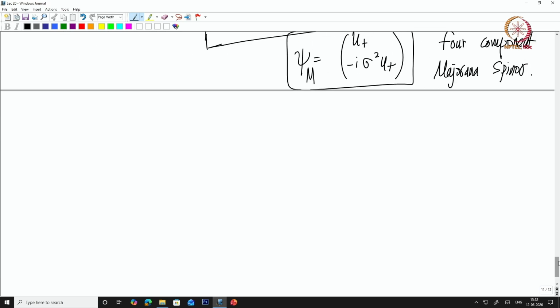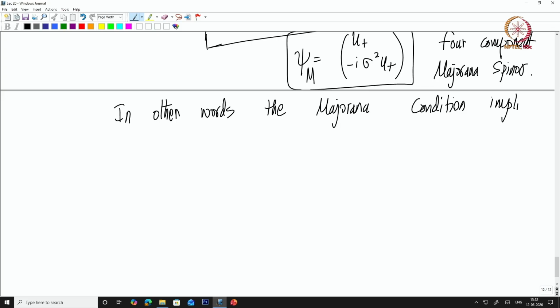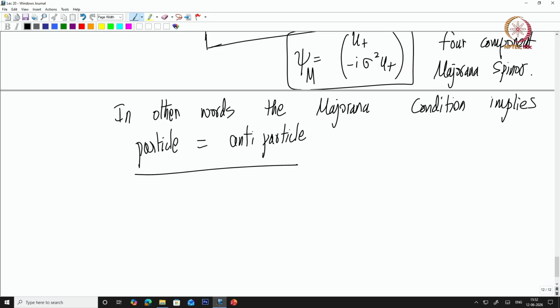In other words, the Majorana condition implies particle is equal to antiparticle. The Majorana condition reduces the degrees of freedom by half by imposing that the particle should be equivalent to its antiparticle.